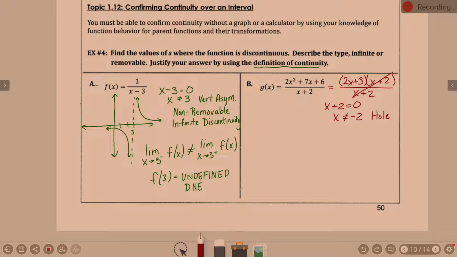Now, what about vocabulary for a hole? Point discontinuity. It is also what? Removable. Okay.